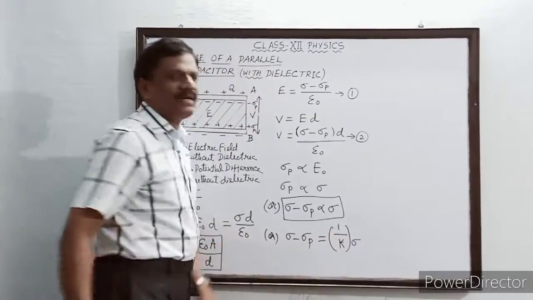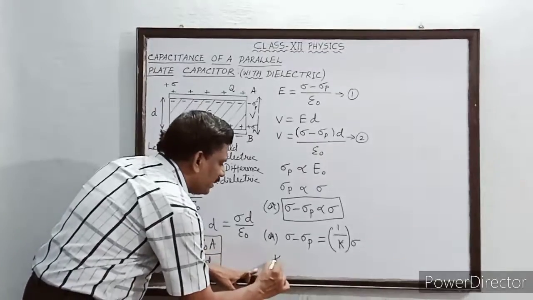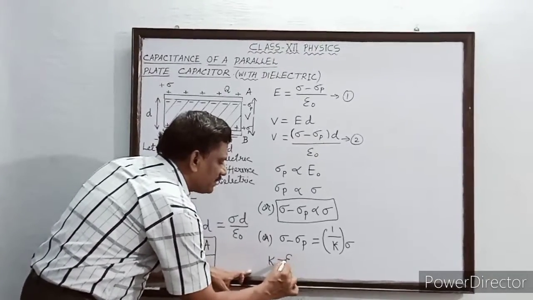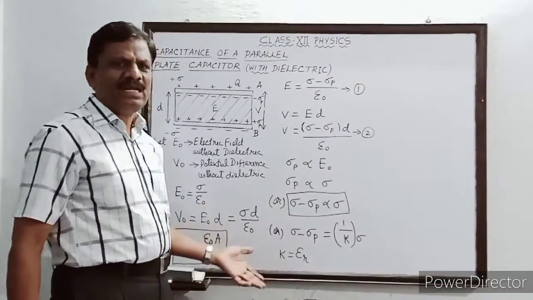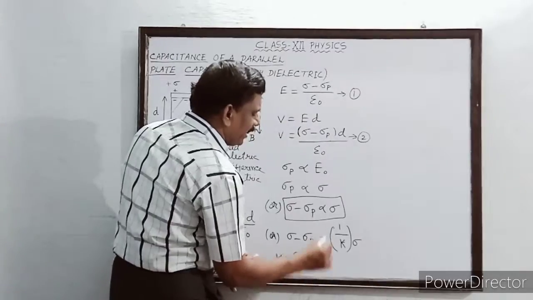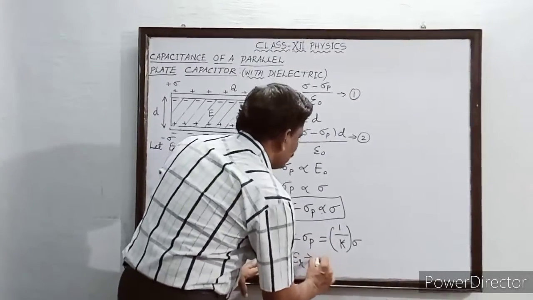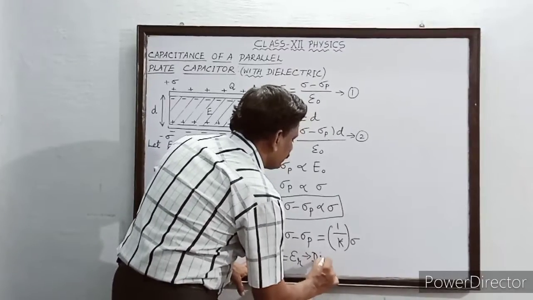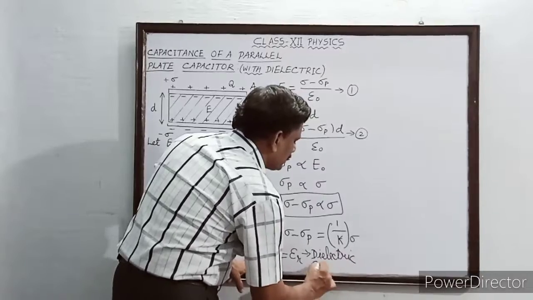The constant is denoted by what? 1 by K, where K is also denoted as epsilon R. K is also denoted by another symbol, that is epsilon R, and that is called by two names. One is dielectric constant.